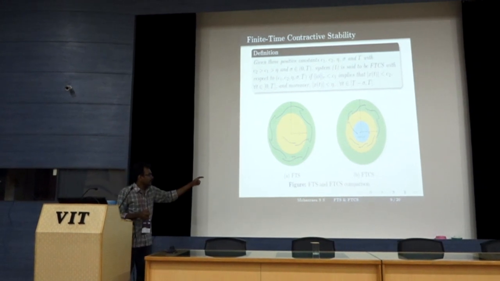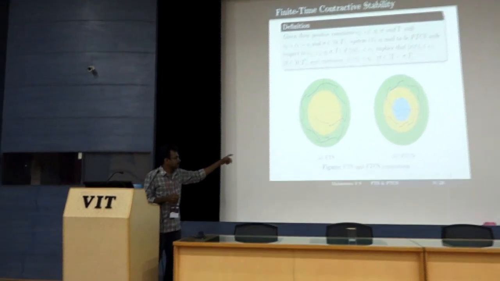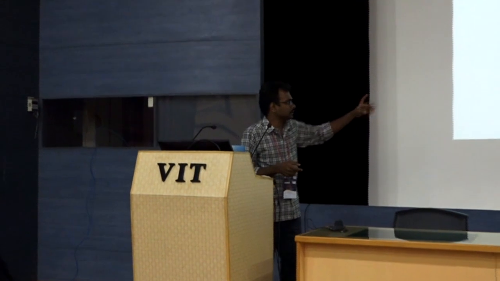If I take x0 in the second circle, then the system may go as far as the outer circle. That is the bound in general. Whereas over a finite period of time, the bound is contracting, to the inner circle.